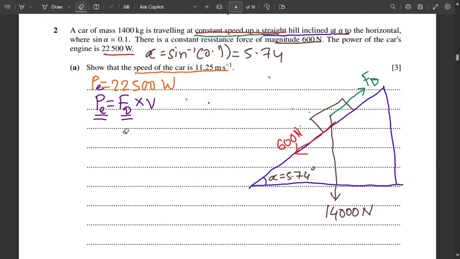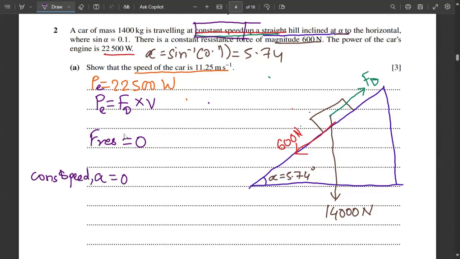Now that we are done with this, let's get ahead. The other one will be F resultant, which will be 0. Why? Because they have told that the car is traveling at a constant speed, and at constant speed acceleration is 0.